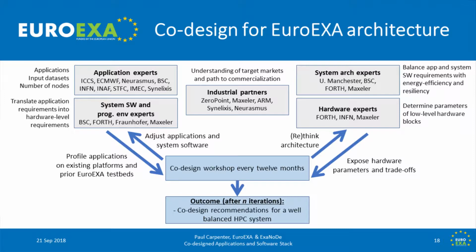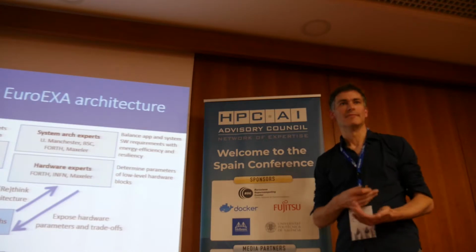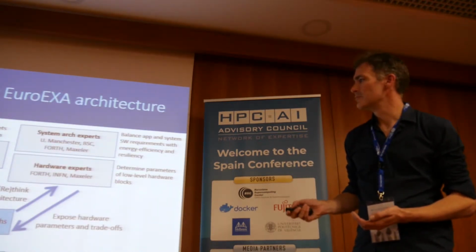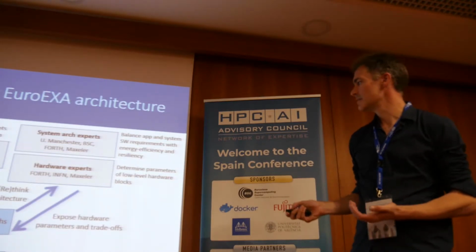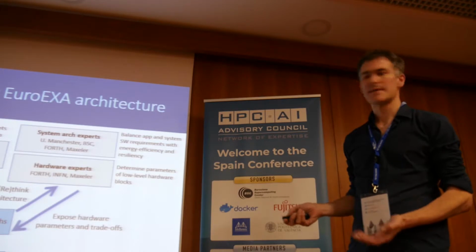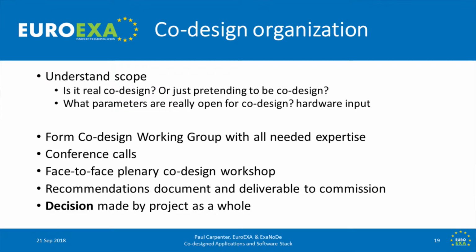We have the system architecture, the hardware side. We also have industrial partners who can bring the kind of commercial aspect to this endeavor. And we bring applications here, we may need to adjust them. We have some hardware parameters and trade-offs. We may need to rethink it. And well, I'll talk more about the process in a future slide.